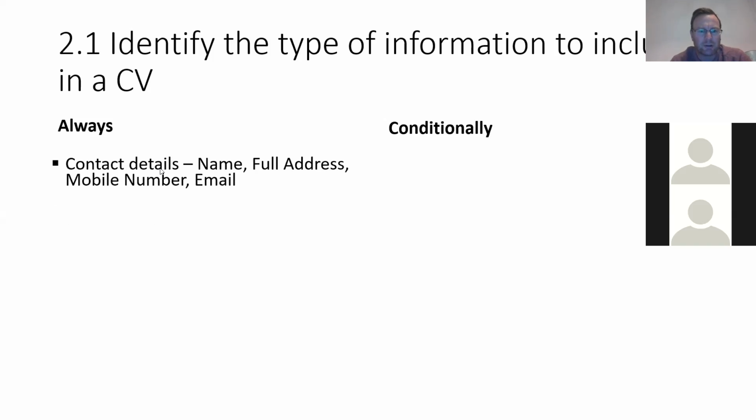So someone's put contact details, full name, full address, mobile number, and email address. I would probably put the caveat that if you're popping it online for whatever reason, or you maybe have reservations about the person you're applying for, you don't necessarily have to have the full address at that point.